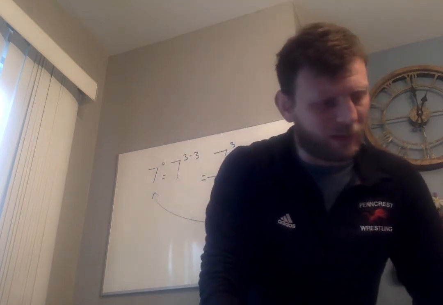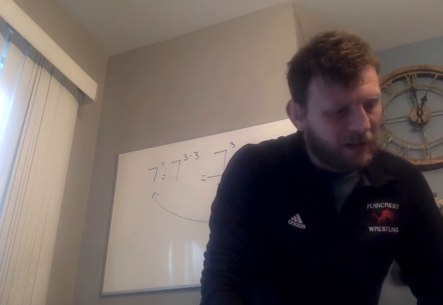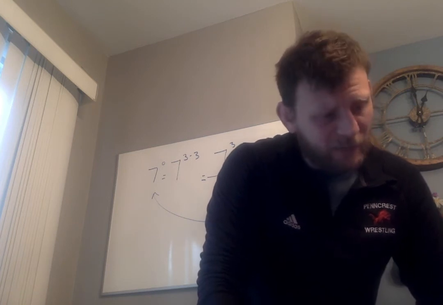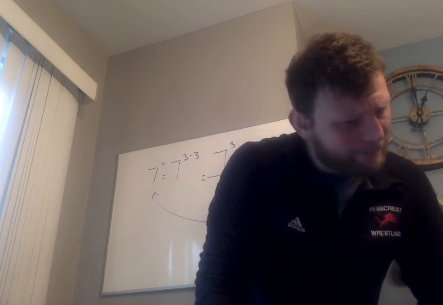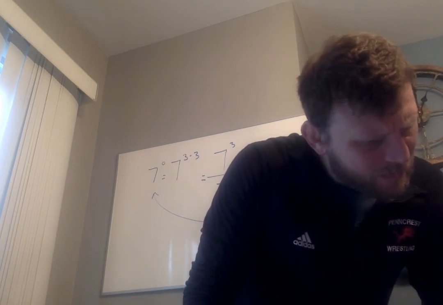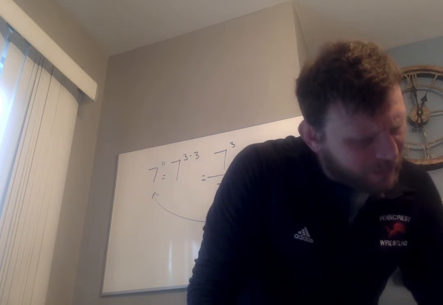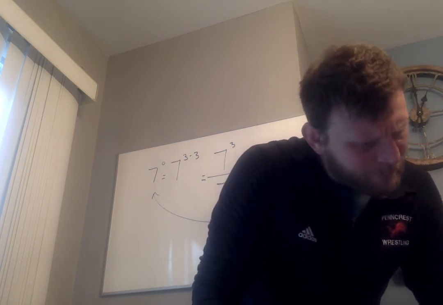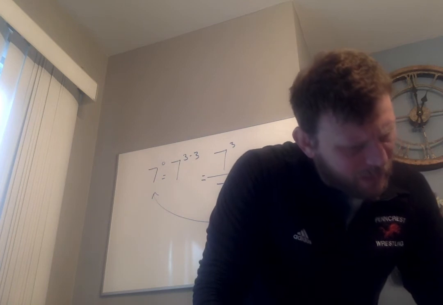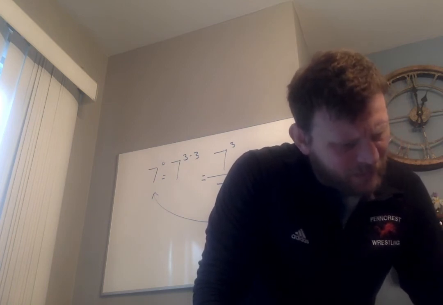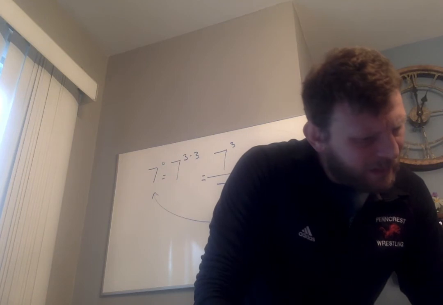But the next thing I would like you to do is 6.1. It's page 296. It's next in your packet here. I want you guys to work on questions, let's see, 5, 6, 23, 24, 25, 26, 27, and let's go with 28.